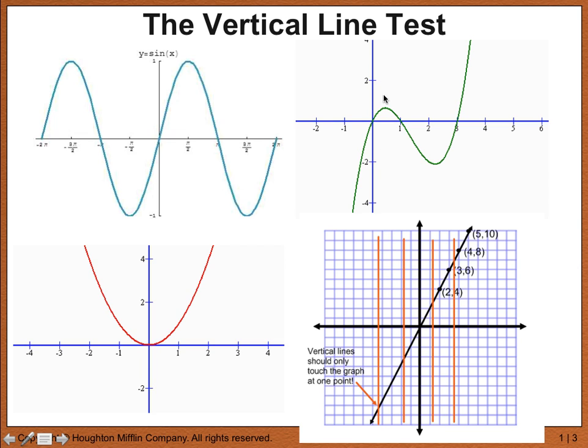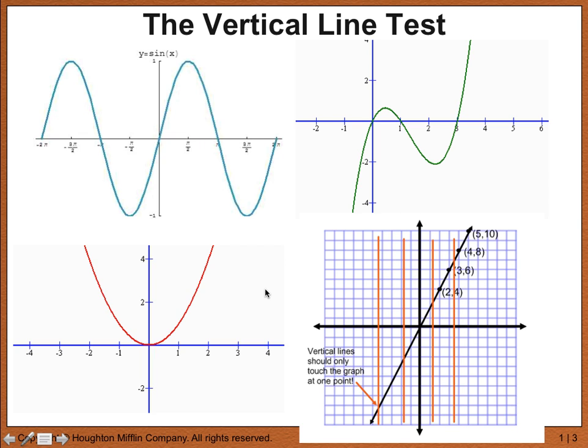This next curve in the upper right is what a cubic function looks like, a polynomial in which the highest degree of x is 3. This cubic function passes the vertical line test because if I draw a vertical line through the point 3, for example, like I'm doing right now, that vertical line crosses the graph in only one point.